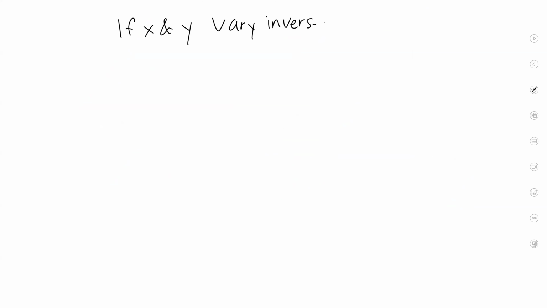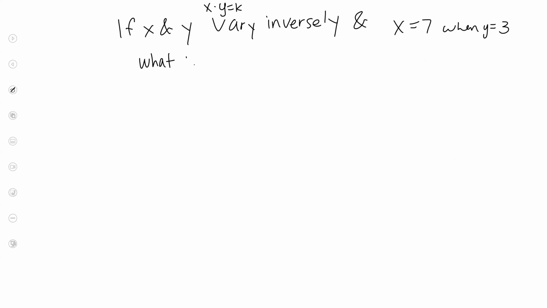So if you ever see this sentence, that means you're using this equation, x times y equals k. And they say x is 7 when y is 3. What is x when y is 5? Okay, so use the formula.